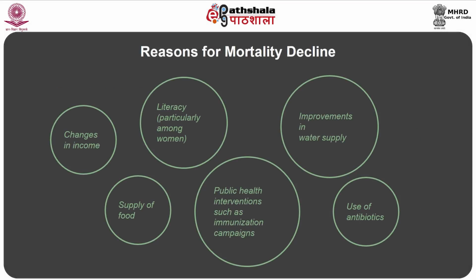The reductions in mortality are attributed to changes in income, literacy, especially among women, and the supply of nutritive calories, as well as public health interventions such as immunization campaigns, improvements in water supply and the use of antibiotics, all of which have contributed to reducing mortality drastically.